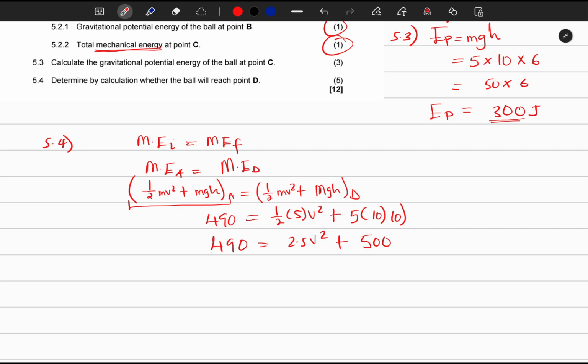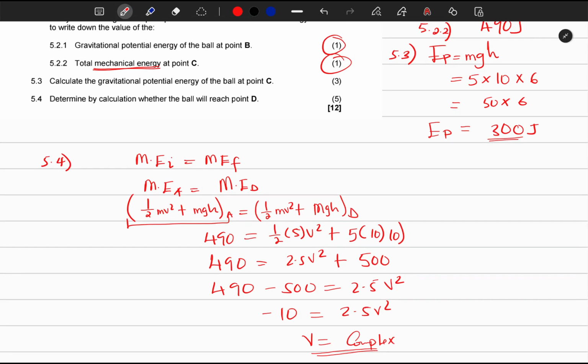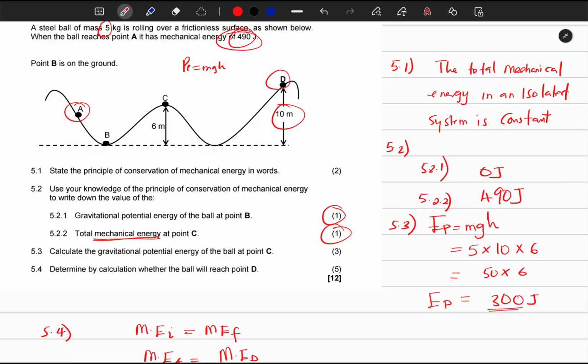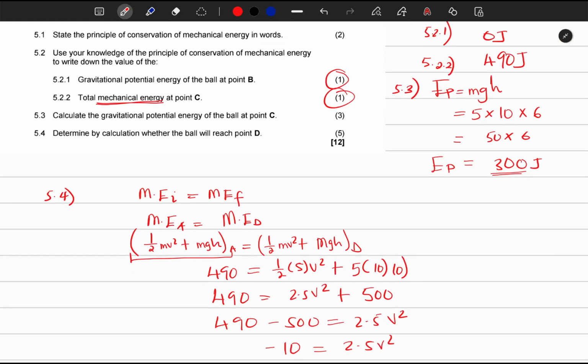So let's go to the calculator and punch this together. We take this side, so we have 490 minus 500 is equal to 2.5 v squared. We are going to have negative 10 over 2.5, which is v squared. When I try to find the square root of a negative number, I can't, so my velocity is complex. From there I can conclude it will not reach point D. Unless it was 0, yes, it would have reached, but in this case it cannot reach.